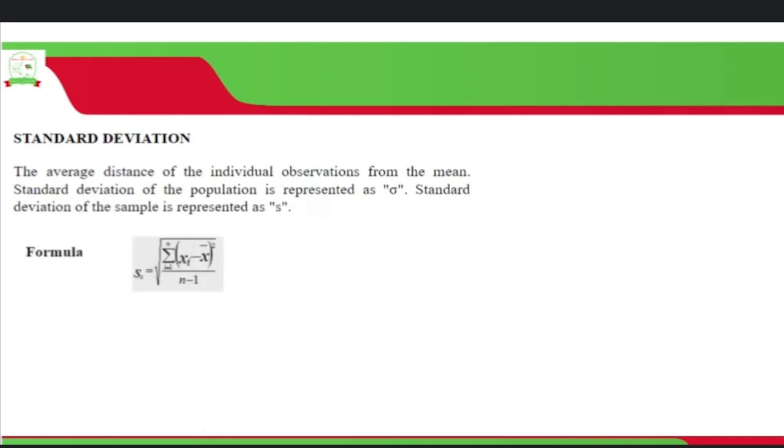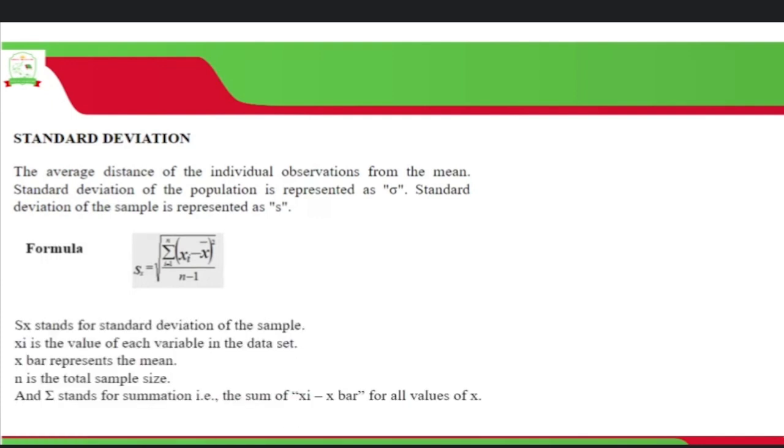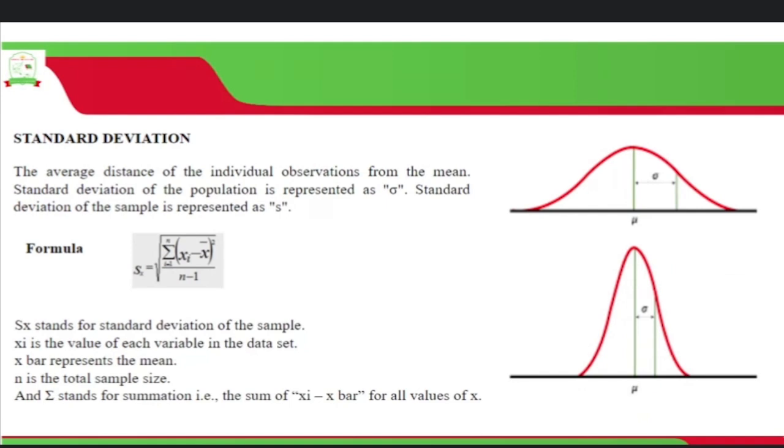So that is the basic formula for standard deviation, where S stands for the standard deviation of the sample, Sx, and xi is the value of each variable or data point in the data set. X bar represents the sample mean.